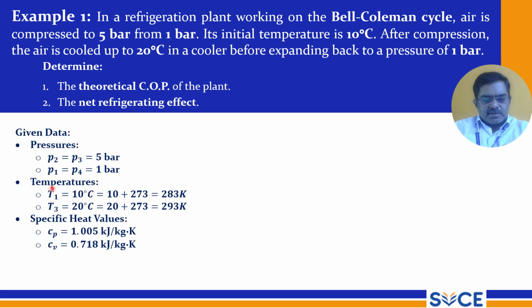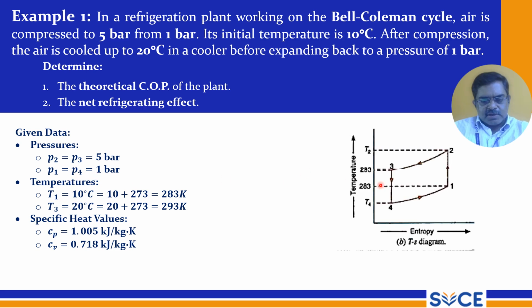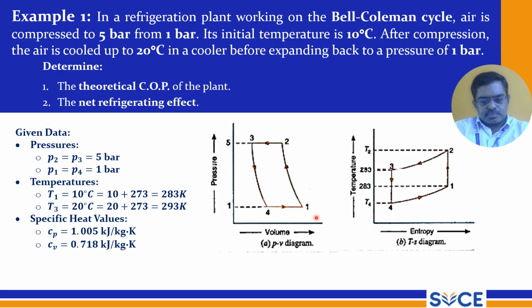So given data is P2 equal to P3, that is 5 bar. That is, the air is compressed to 5 bar from 1 bar. So P1 is equal to P4, that is 1 bar, and P2 and P3 is equal to 5 bar.